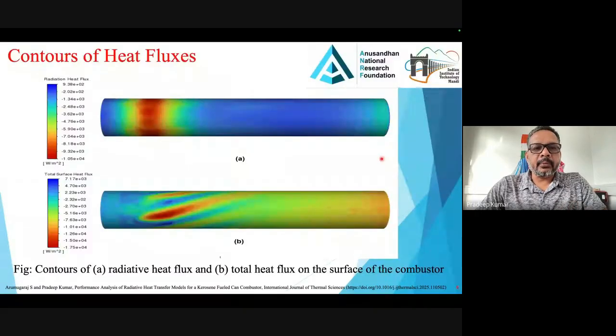Contours of heat flux show that the radiated heat flux near the wall is very high, and total heat flux contours tell us that the swirl vanes also affect the temperature characteristic on the wall, showing shadow regions.